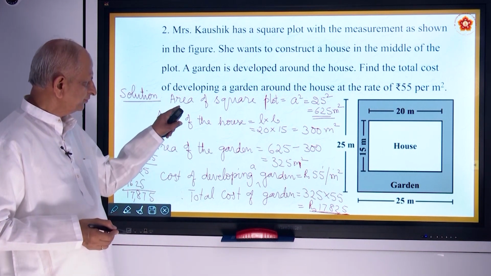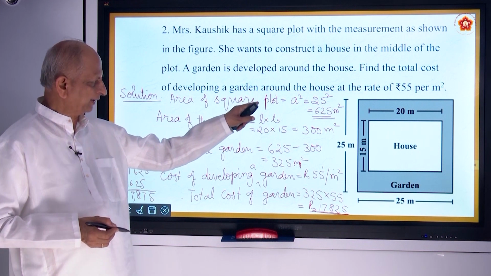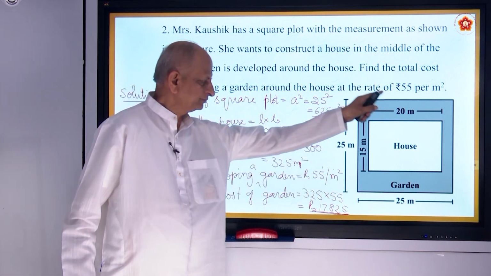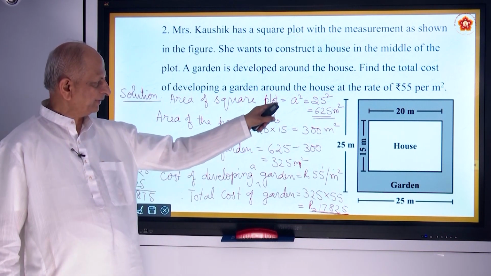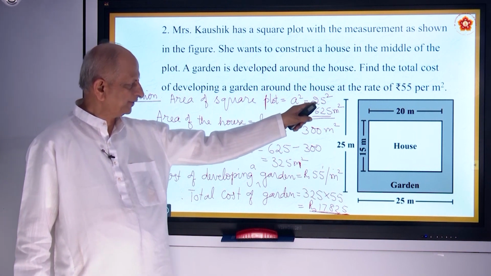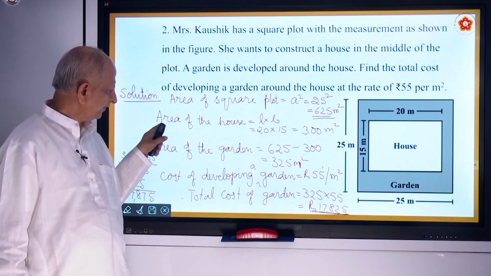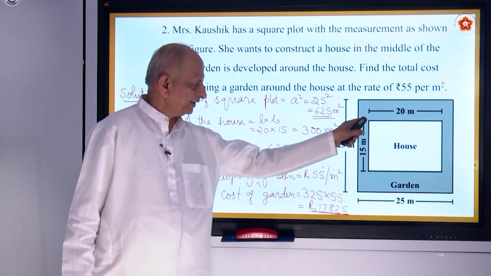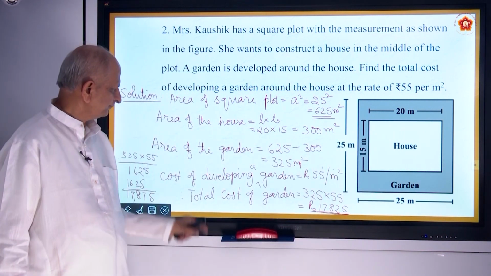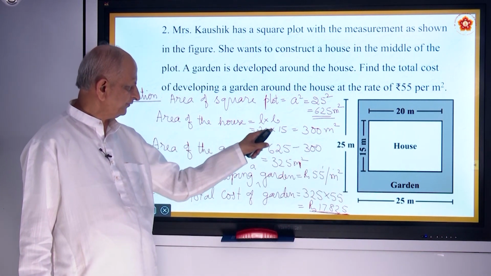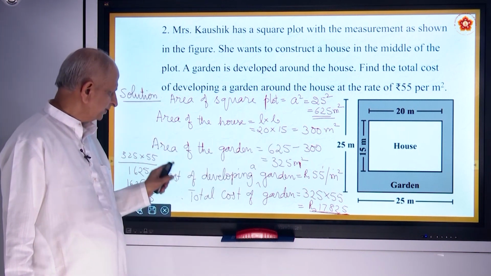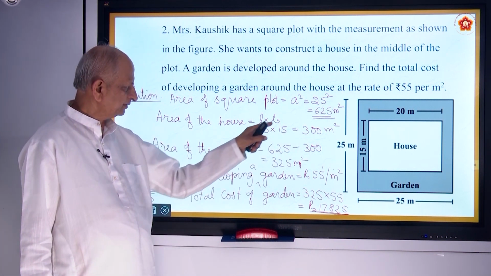So what have you done? First you found the area of the square plot. Area of the square is given by the formula side squared, 25 squared. Then we found the area of the house. It is rectangle in shape, that is 20 into 15, 300. Then the area of the garden. How did you get it?